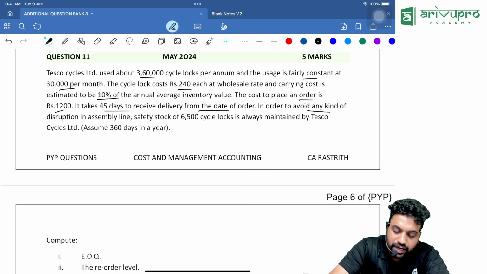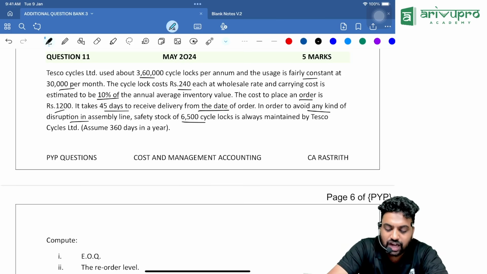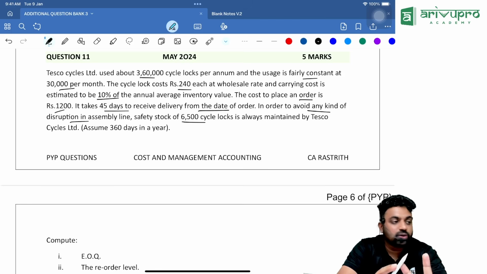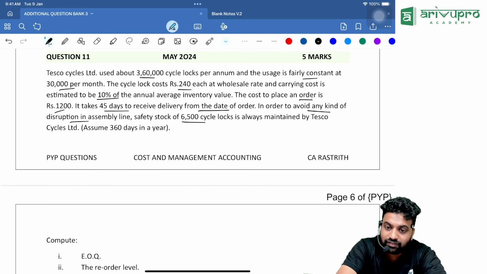In order to avoid any kind of disruption in the assembly line, a safety stock of 6,500 cycle locks is always maintained by Tesco Limited. Here safety stock, I told you, could be two things. One, to tackle demand more than normal demand, the stock out situation. The other is nothing but your minimum stock level that you should determine on the basis of the question.